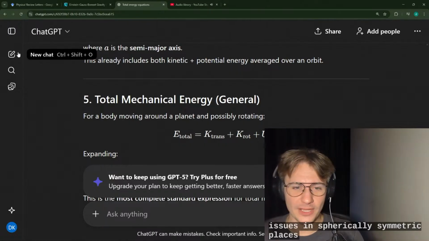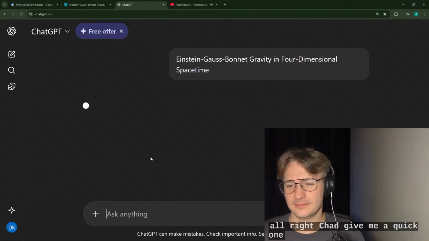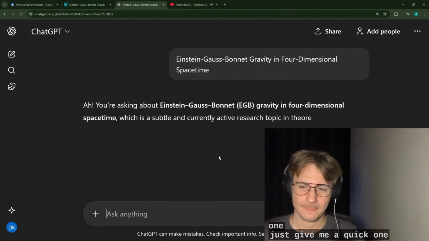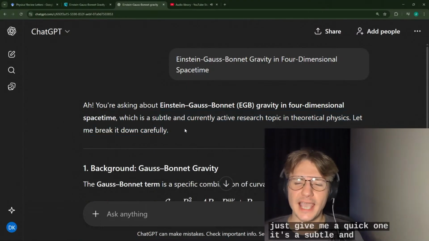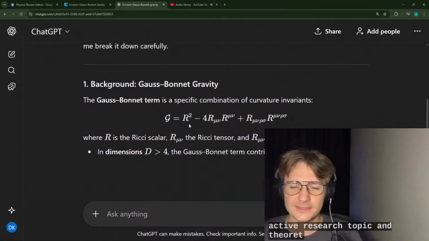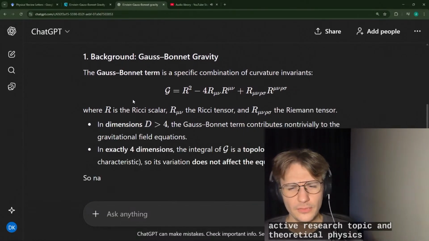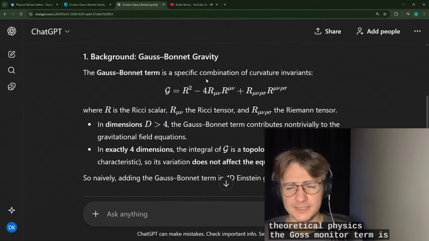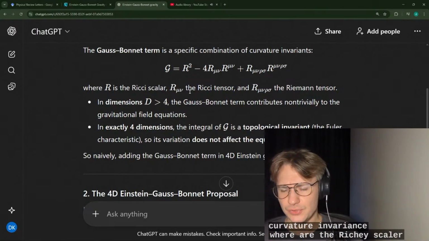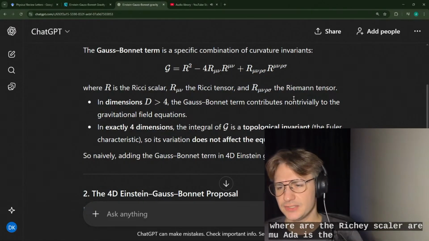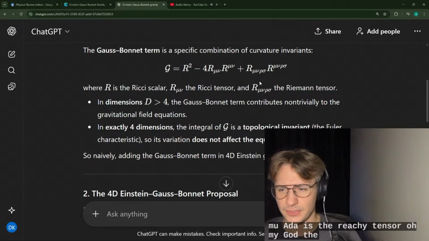Jeez. All right, chat, give me a quick one. Just give me a quick one. It's a subtle and currently active research topic in theoretical physics. The Gauss-Bonnet term is a specific combination of curvature invariants, where R is the Ricci scalar, R mu nu is the Ricci tensor. Oh my god, the Riemann tensor. Got it. Okay.